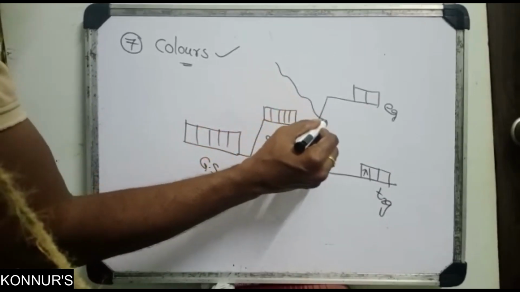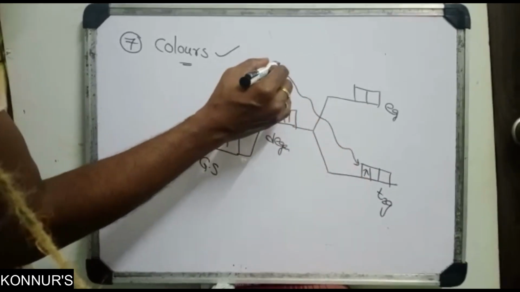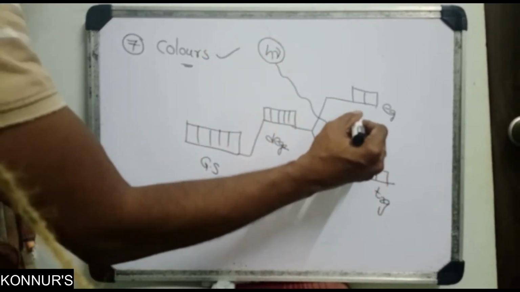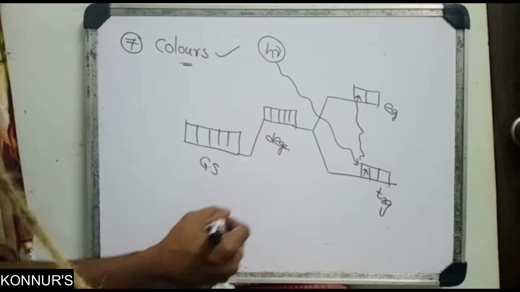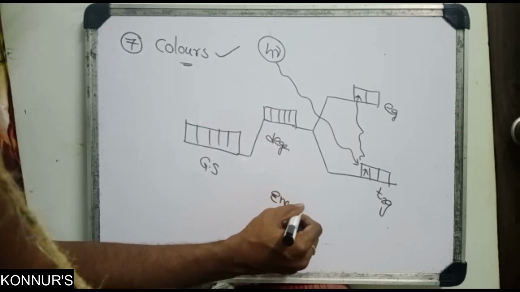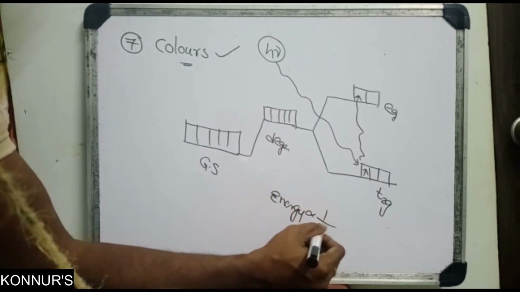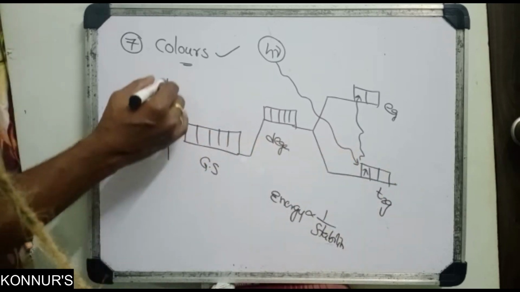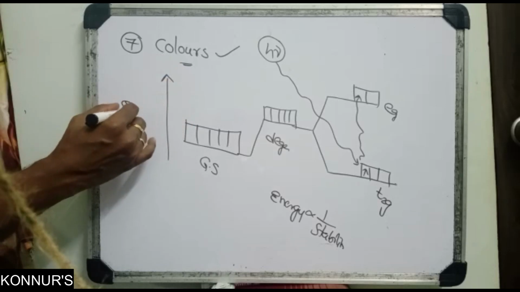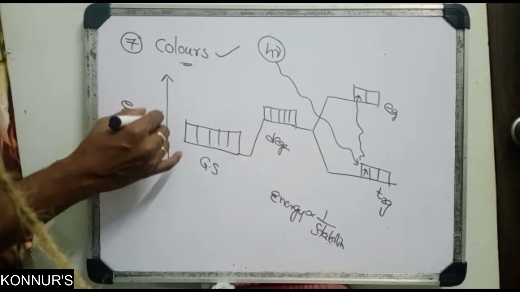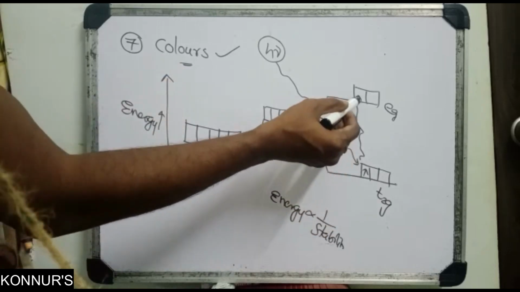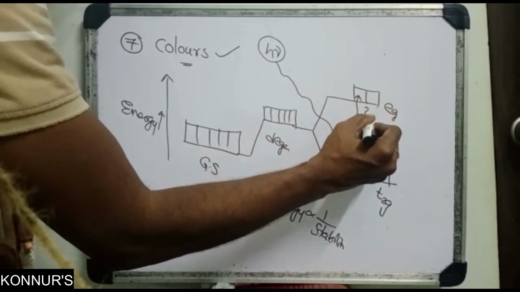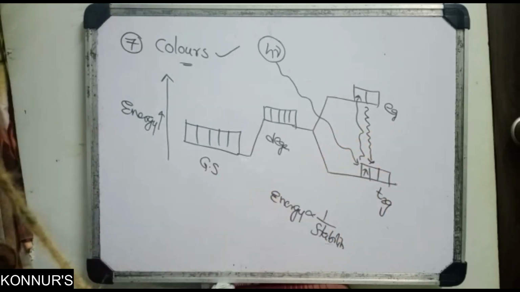If light, h nu, is falling on the electron, the electron jumps and occupies a higher energy level. Energy increases, so what happens to stability? It decreases. The electron is occupying high energy, and high energy means low stability, so the electron comes back down to its original position.